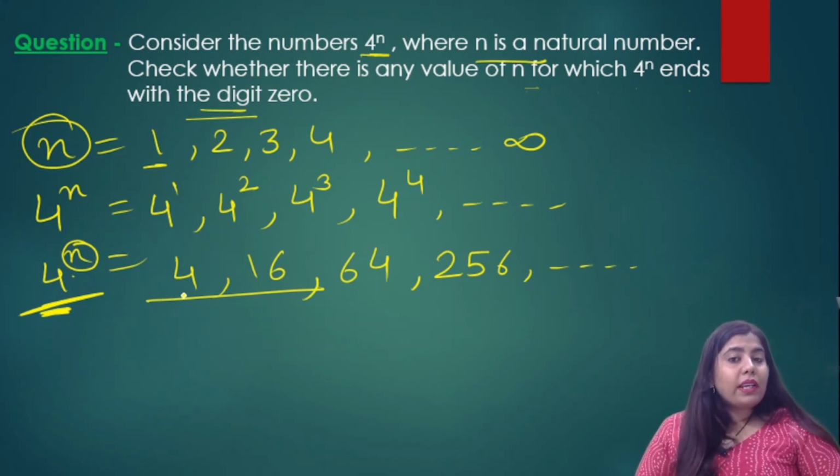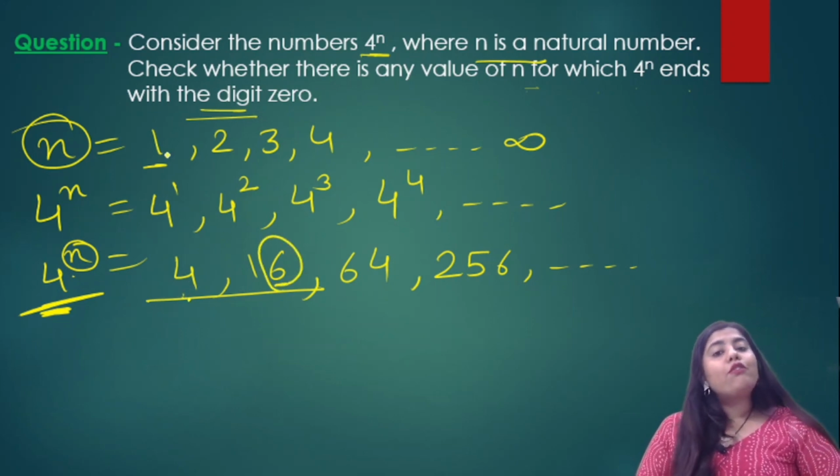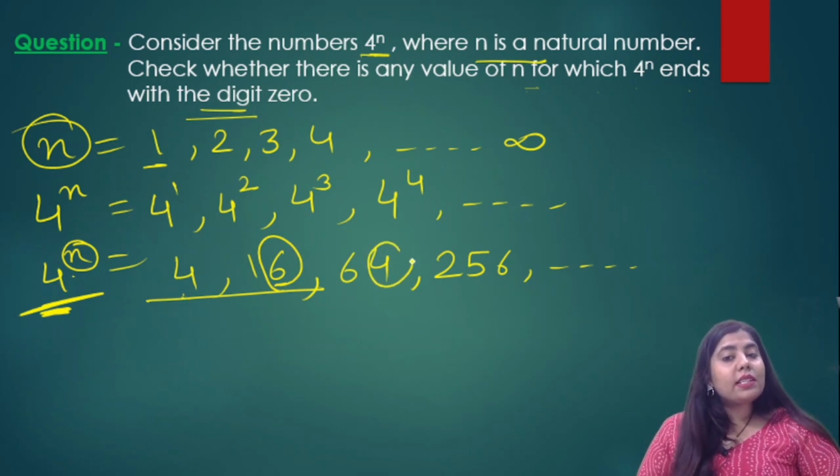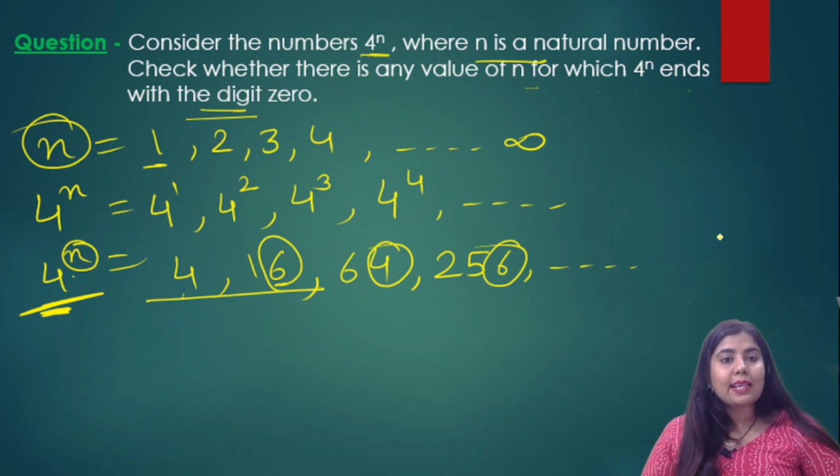We have checked that. For n equal to 1, the unit digit is 4. For n equal to 2, the unit digit is 6. For n equal to 3, the unit digit is again 4. For n equal to 4, it is again 6. It will continue: for 5, it will be 4; for 6, it will be 6; for 7, it will be 4 again, and it will continue up to infinity.